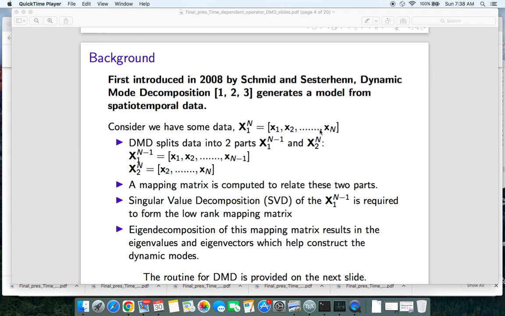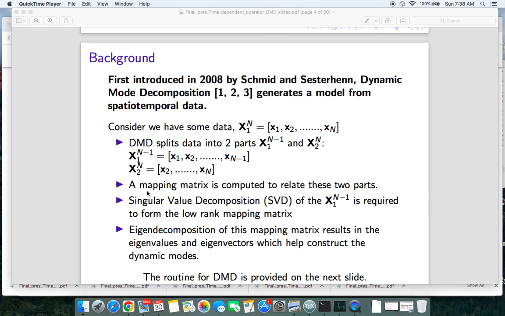So we have up to xn. DMD at first splits the data, this data matrix, into two parts, x1 to n minus 1 and x2 to n. So x1 to n minus 1 is defined this way, and x2 to n is defined this way.